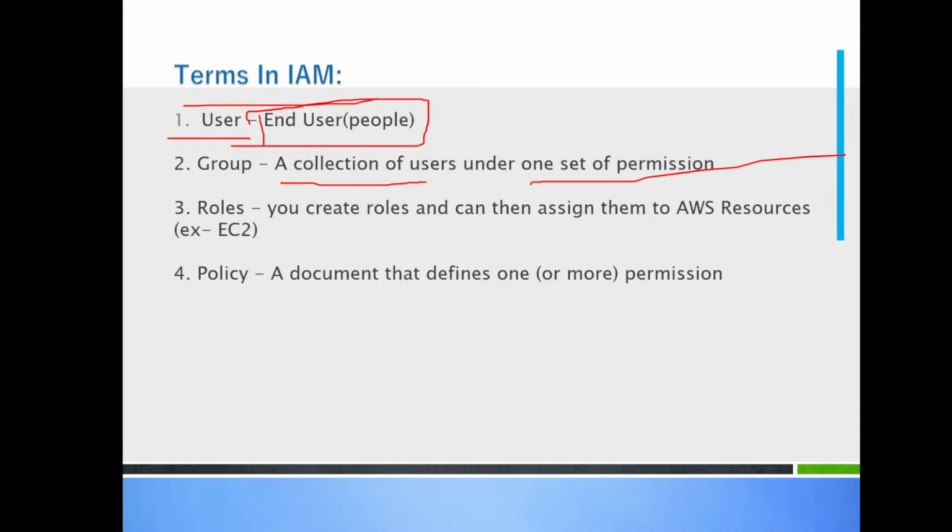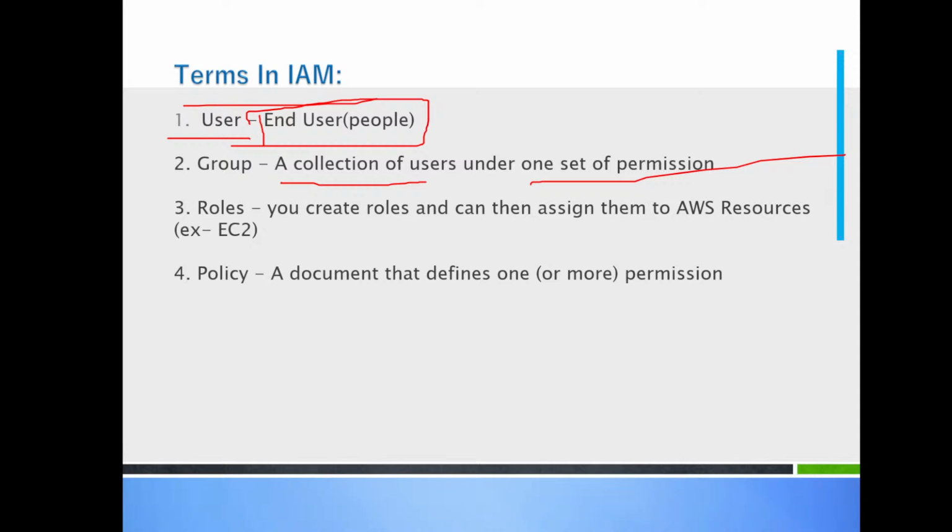So I don't have to create a policy for each person. I can create a common policy for first year students. So I will create a user, and whatever permission I want to give, I can create a group and assign that permission to that group. So anybody in that group will get that single permission.